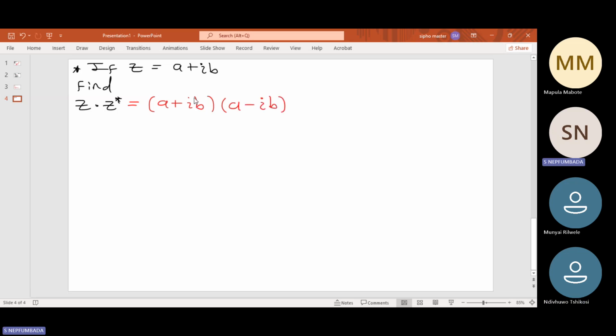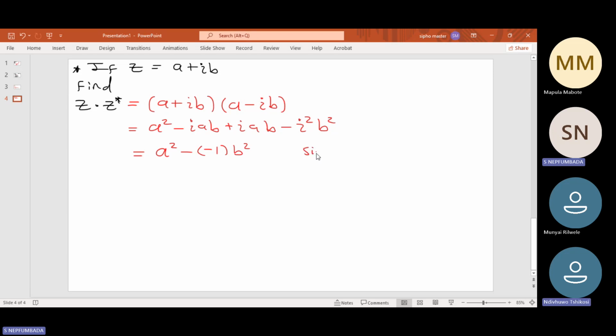Don't skip any step. We just multiply, because if you skip any step, they can give you a wrong answer. Even though they know the difference of two squares, still they will give you a wrong one. So this gives a squared, the middle part cancels, minus i squared b squared.